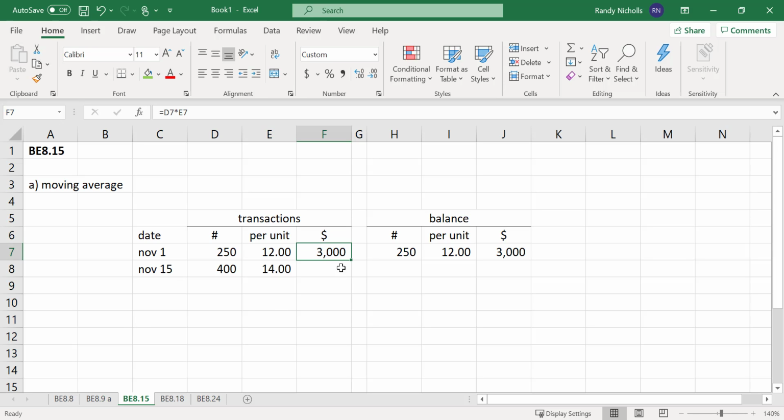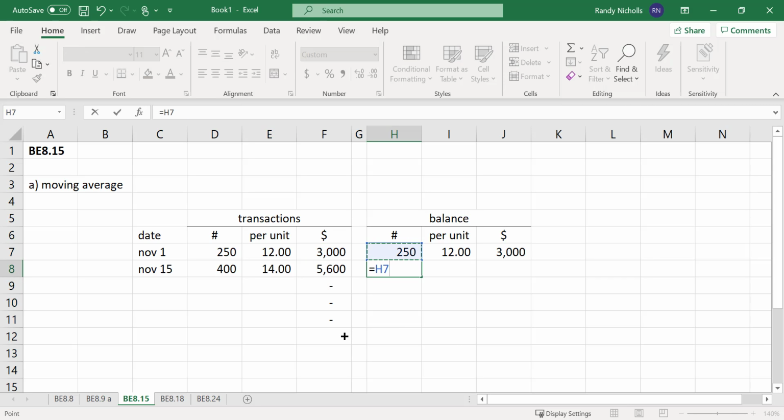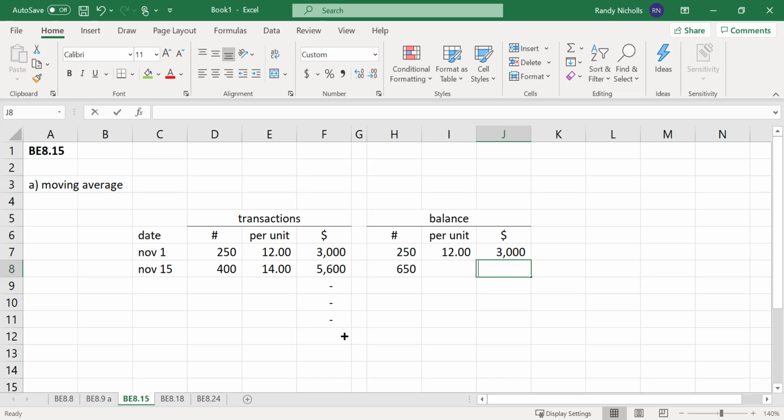And now my balance, I had 250, I bought another 400. I had $3,000, I added another 5,600, so that's how many dollars I have, that's how many units I have, so they're now worth $13.23 each. Again, just reasonableness, that kind of makes sense because it's between 12 and 14.